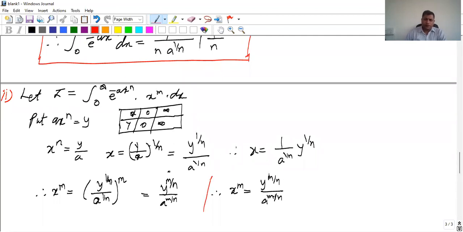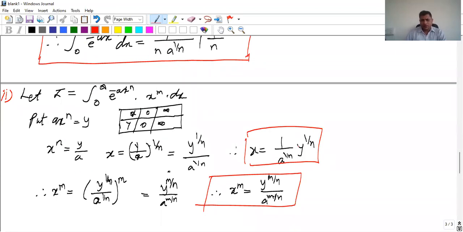Now we have the term x raised to m. Now we have to think of dx, so let us differentiate this.